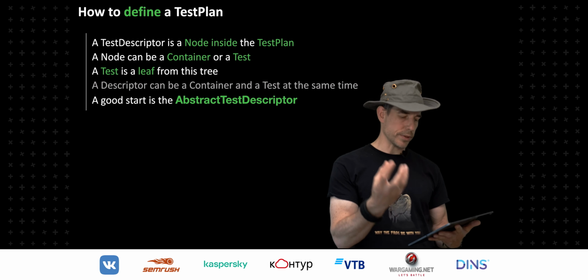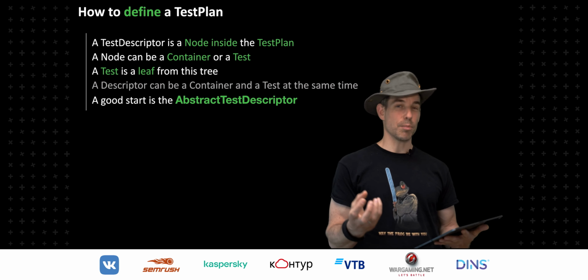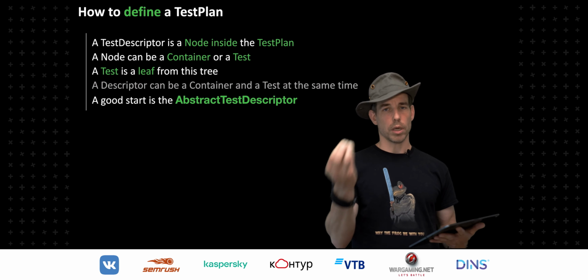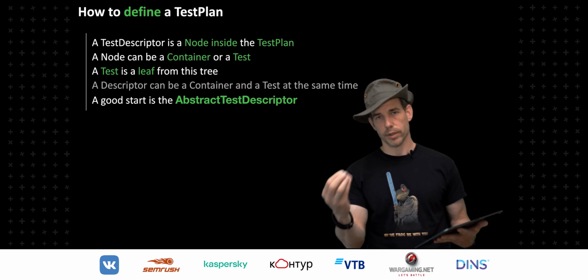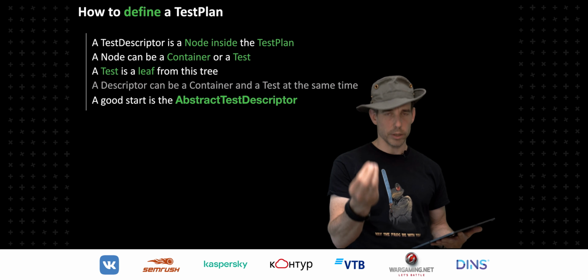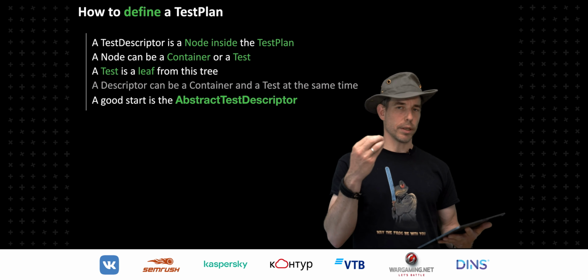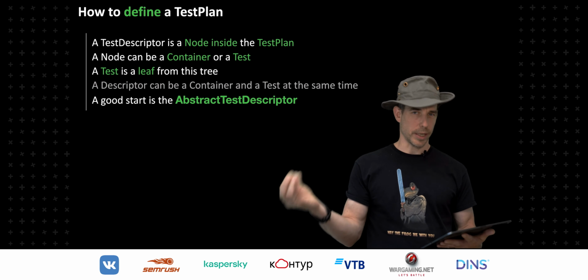A test descriptor is a node inside the test plan, as I mentioned earlier. A node can be a container and a test. So the node for a class is a container, mostly because you have test methods inside. If you have a node for a package, it is a container. The node for a test would be a test.